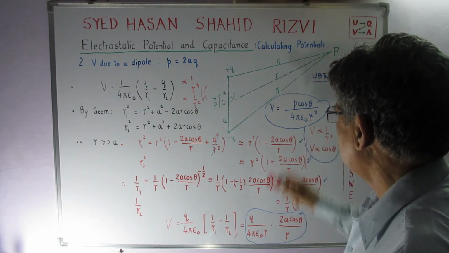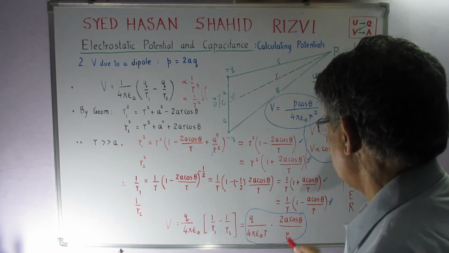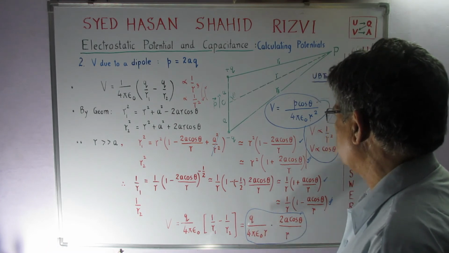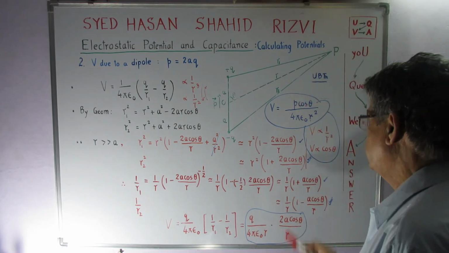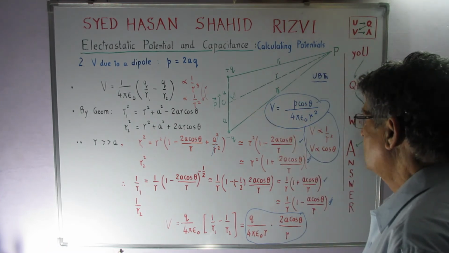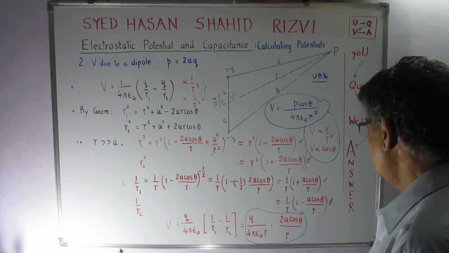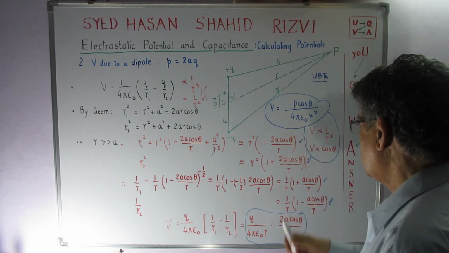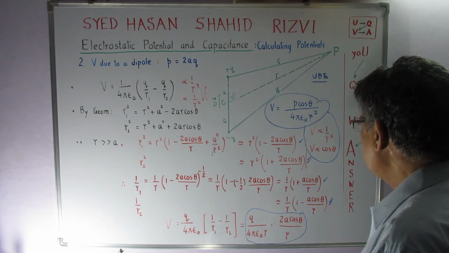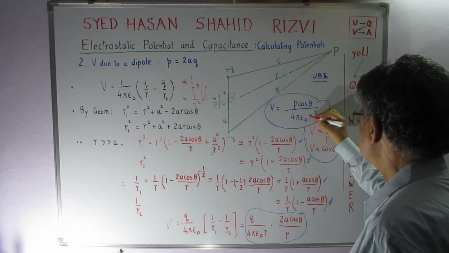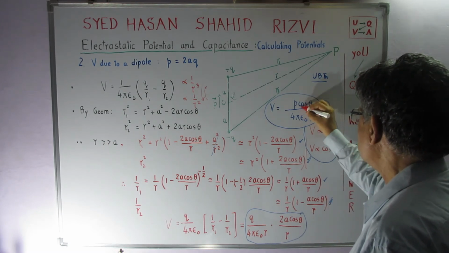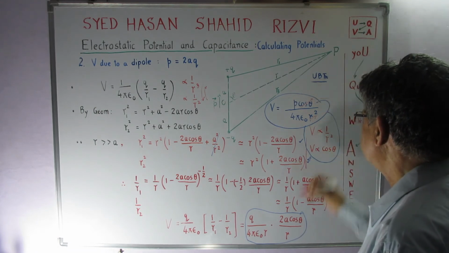With the value of 2a into q being equal to p, I obtain p, the constant for a given dipole. 4 pi epsilon naught is also a constant. The only two variables are r and cos theta.